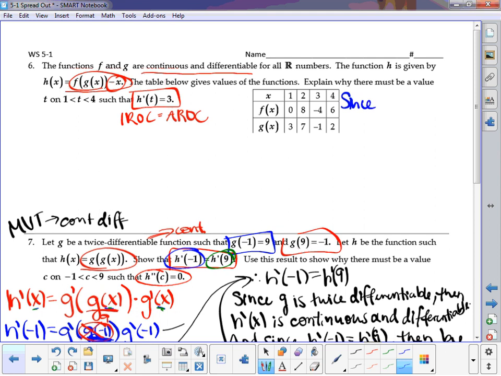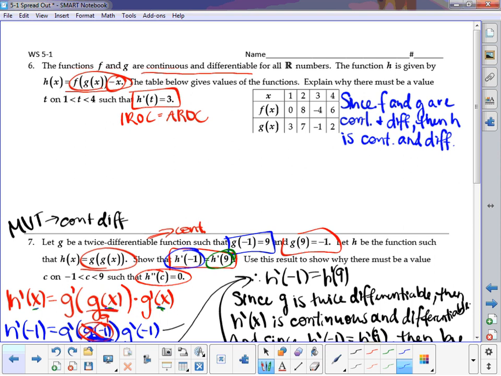Since f and g are continuous, I'm going to abbreviate, don't do that, and differentiable, then h is continuous and differentiable. So that allows us to know we can apply the mean value theorem. The mean value theorem says that if that's true, then my derivative must equal the average rate of change at some point.